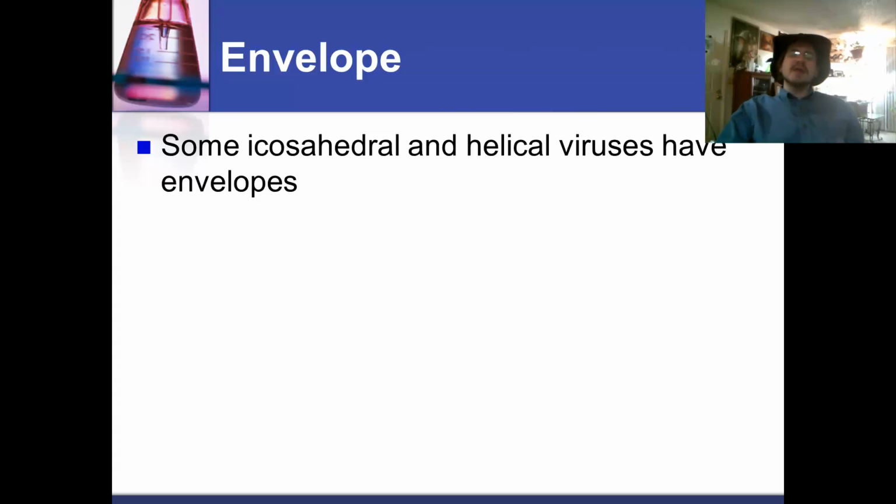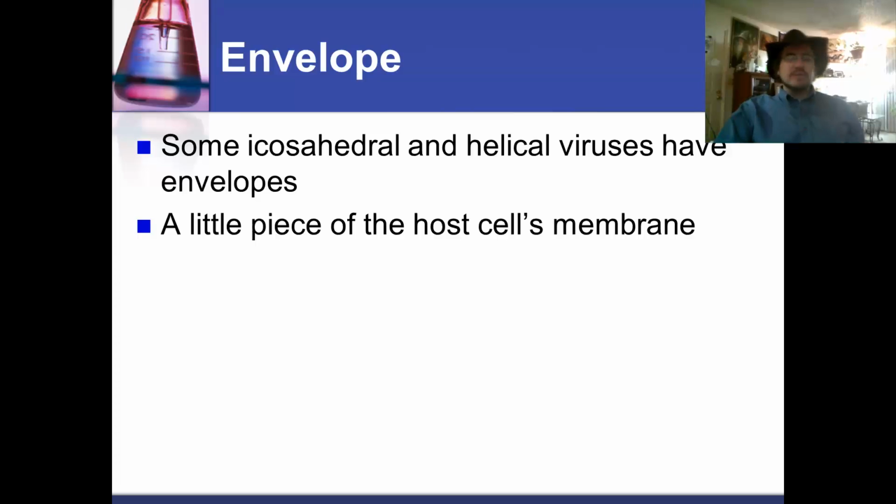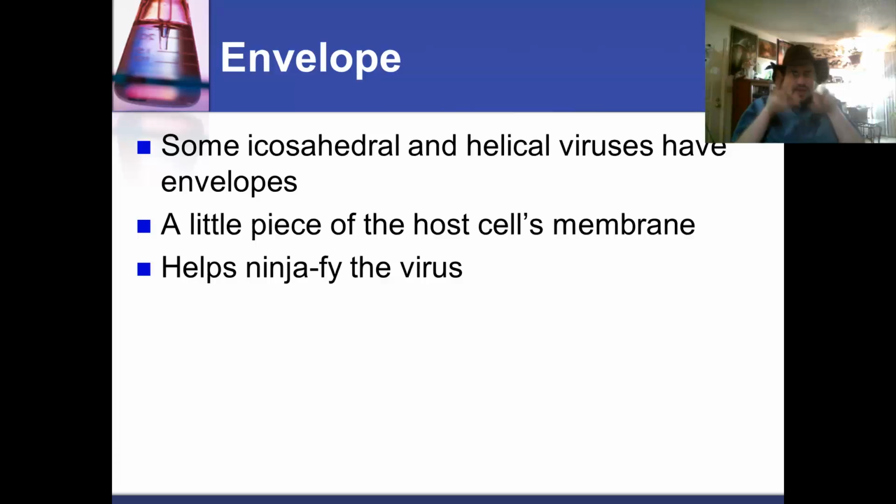So some icosahedral and helical viruses have envelopes. And that's a little piece of the host cell's membrane. And like I said, it ninjifies the virus because now the virus is carrying a piece of the host cell membrane that the immune system will identify as self.